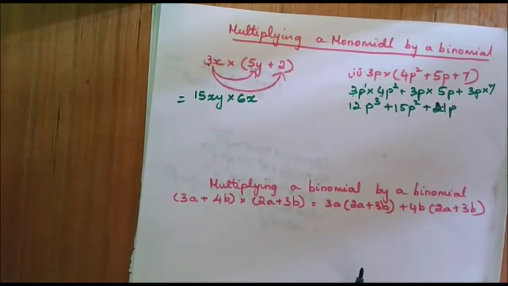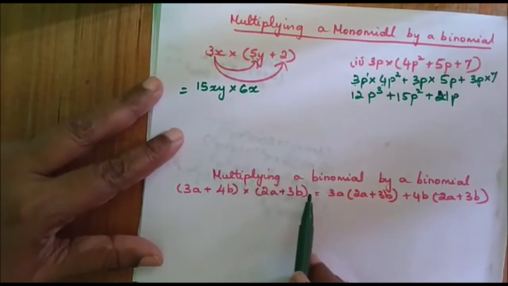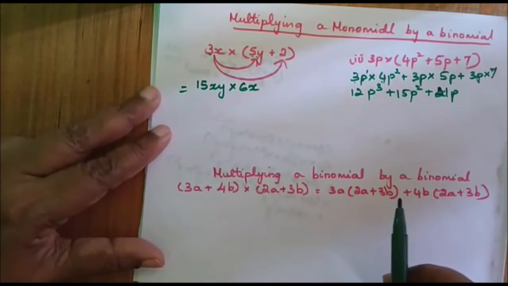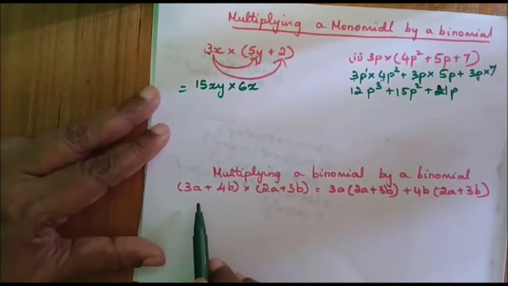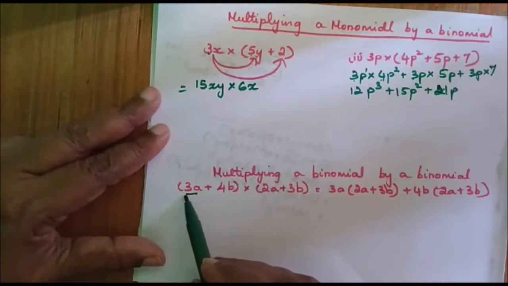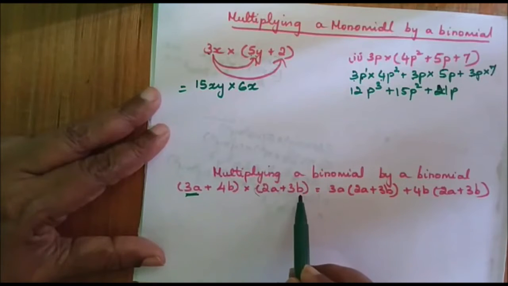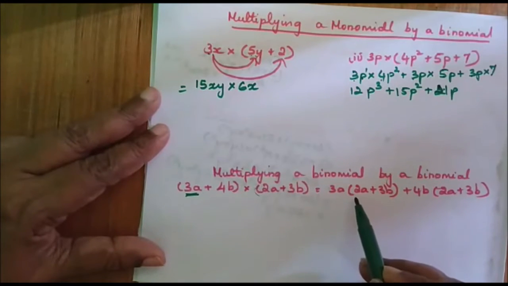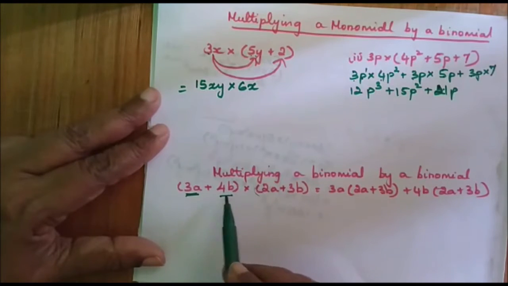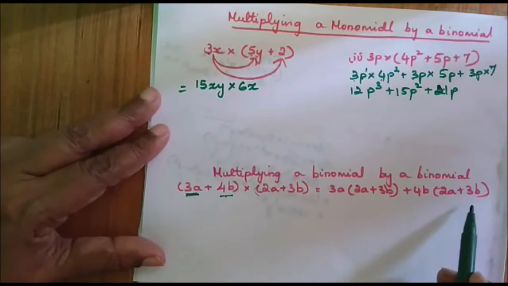Now we are given another case, multiplying a binomial with another binomial. That is 3a plus 4b into 2a plus 3b. With the first term, I will multiply this expression: 3a into 2a plus 3b. Now I will multiply the next term, 4b into 2a plus 3b.